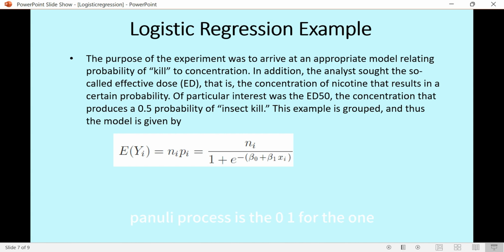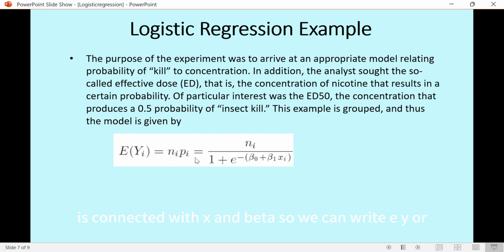The Bernoulli process is the 0-1 result for a one-time experiment, and the binomial is for n repeated Bernoulli experiments. For the binomial distribution, n is the total sample size and p is the constant probability. So np is the mean of this group of samples.